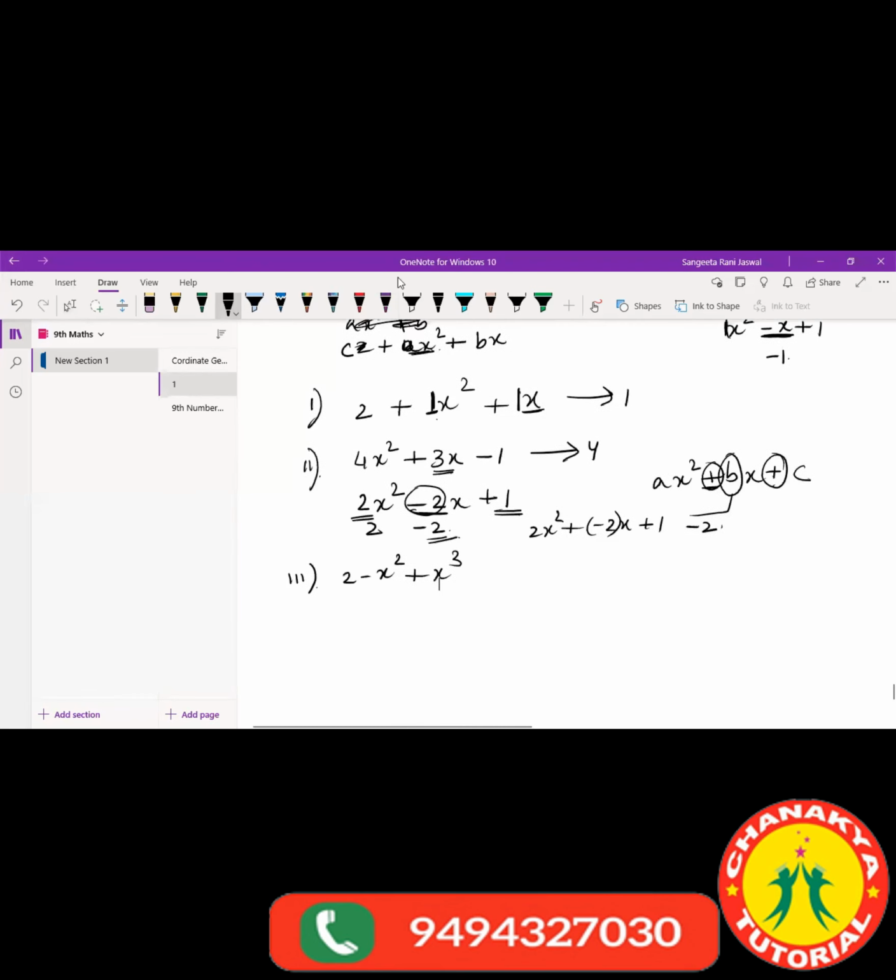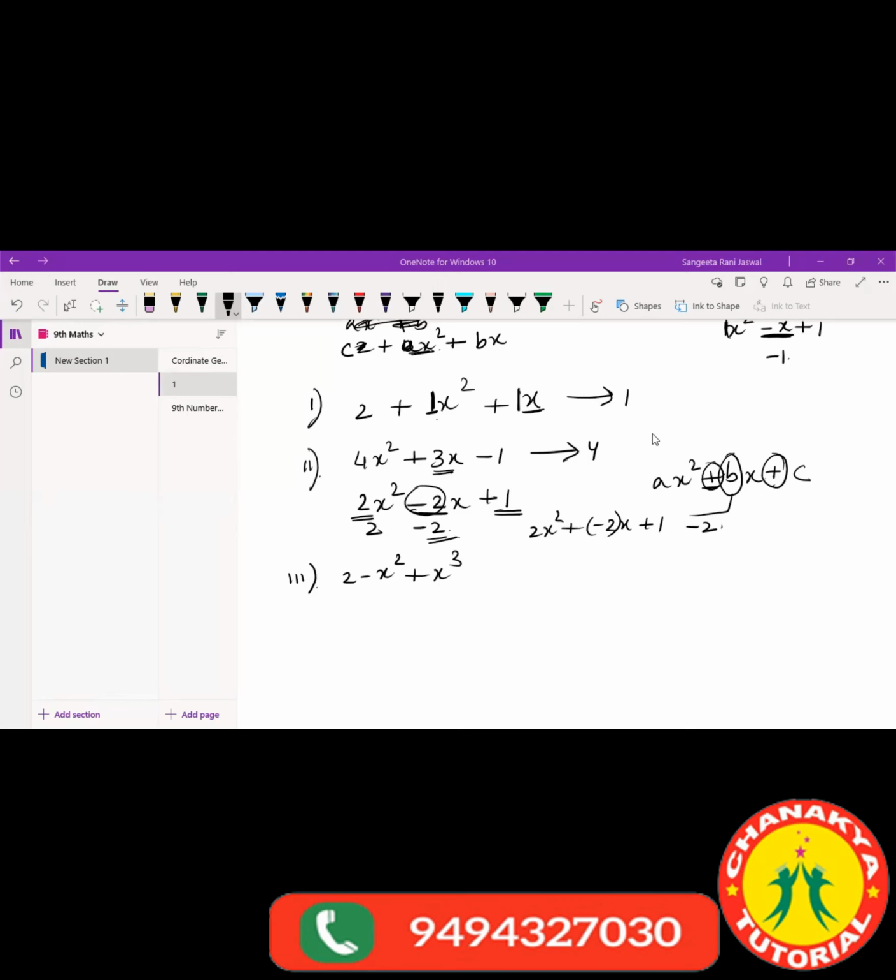Yes, tell me. Can you repeat the question? Okay, Jitendra, you tell me. What is the coefficient of x square?